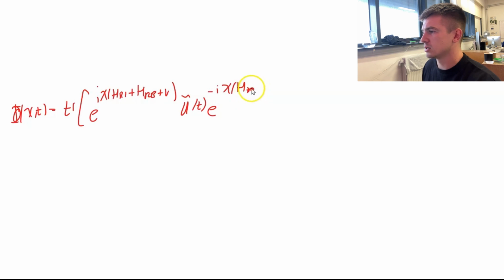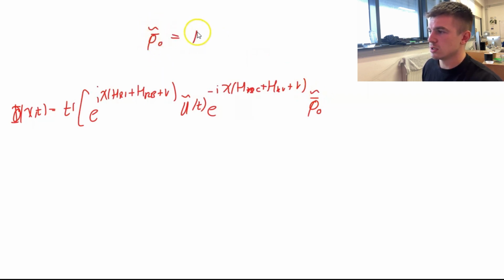Oops, that should be H_RC plus H_RB plus V. And then rho naught bar tilde is just going to be the initial state where we've performed the first measurement and averaged over all the possible outcomes, then also mapped using the reaction coordinate. So just a bit more compact notation.